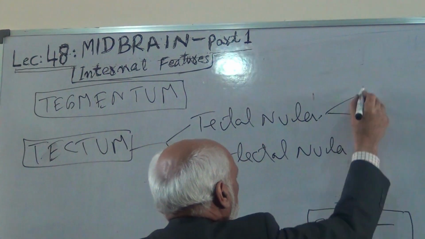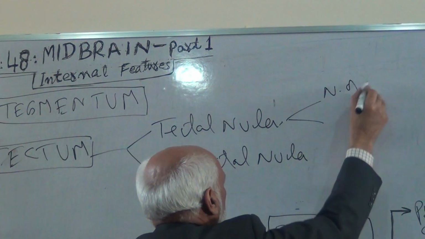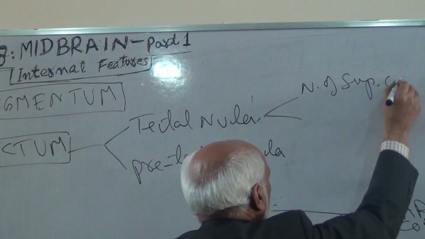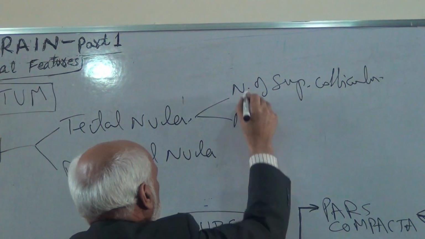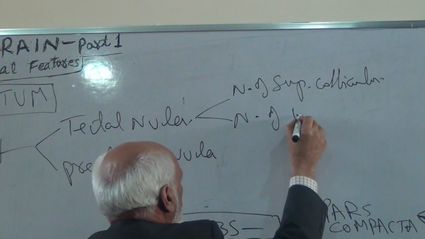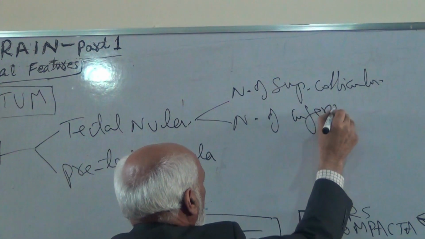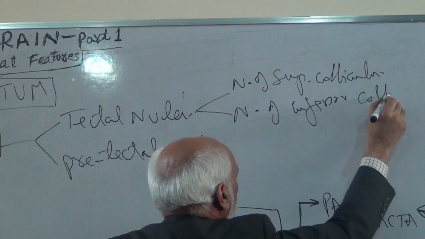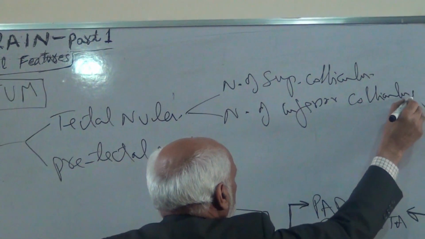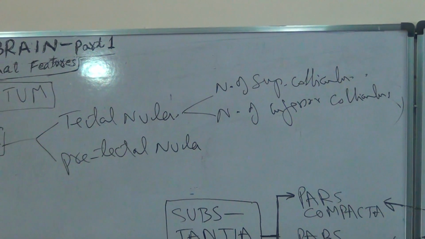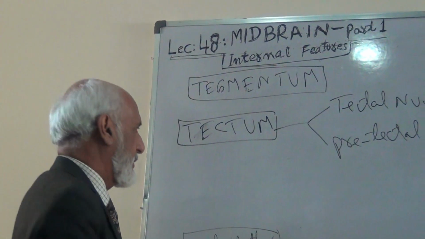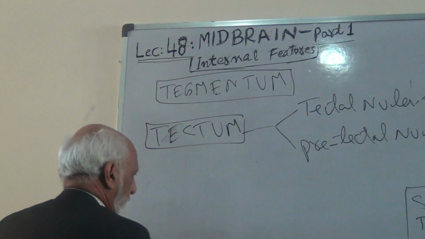The tectal nuclei are the nucleus of superior colliculus and nucleus of inferior colliculus on each side. Tectum means roof.